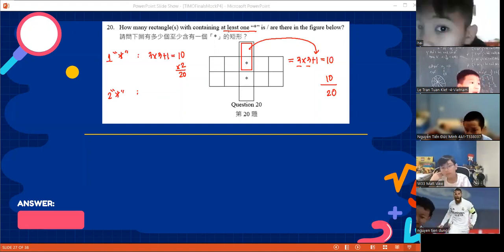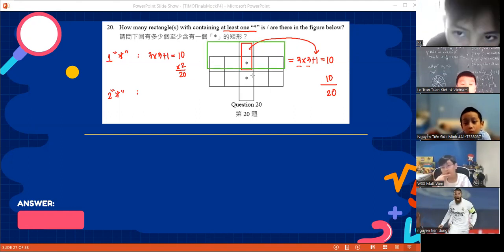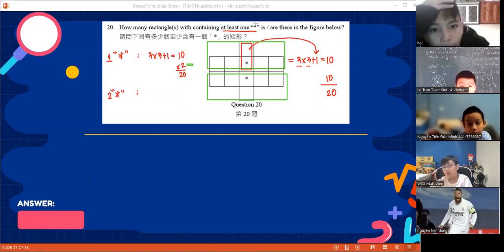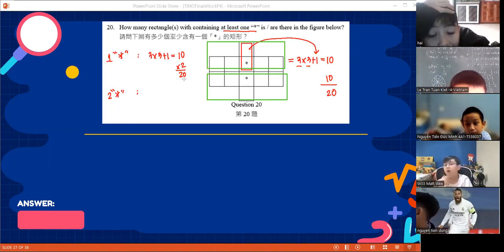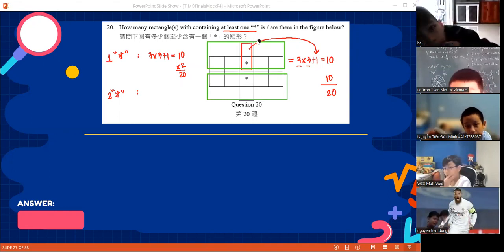There are two of them, right? One here on the upper part and one here on the lower part. So times 2. So you already have 20 here. Understood? Next, we're gonna count for having 2 asterisks.